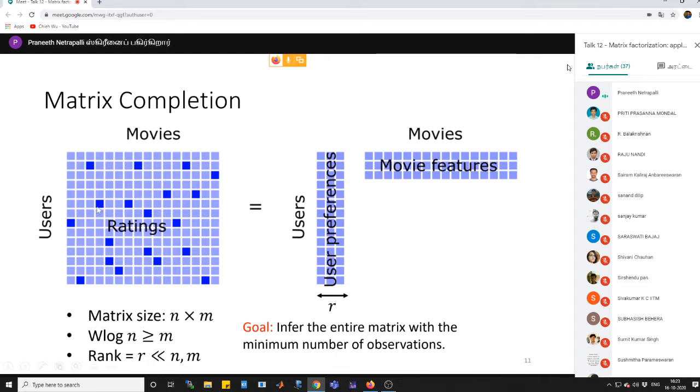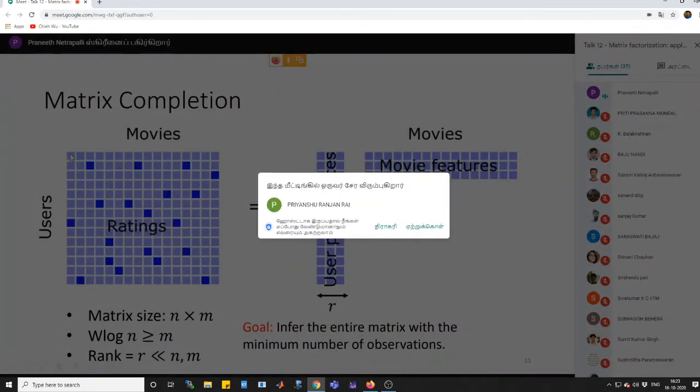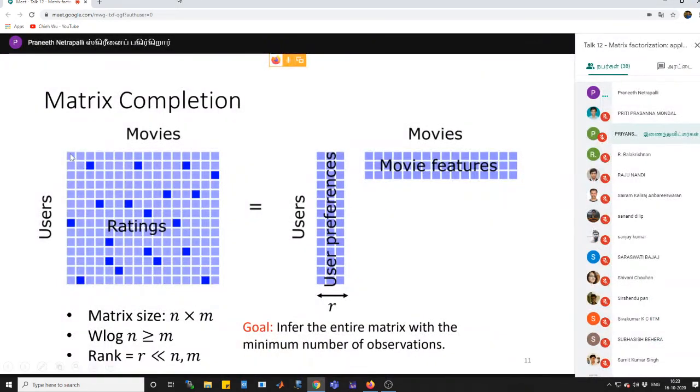So in general, if you don't have any assumptions about this ratings matrix, there is no way you can do anything, because the unobserved entry could be arbitrary, right? But a very reasonable assumption to make on this kind of matrix is that the decision on whether a user likes a particular movie or not depends on very few preferences for the user and very few movie features.